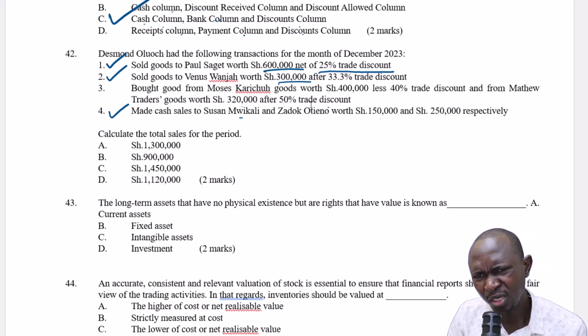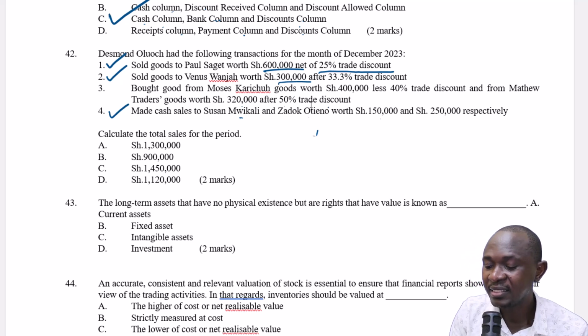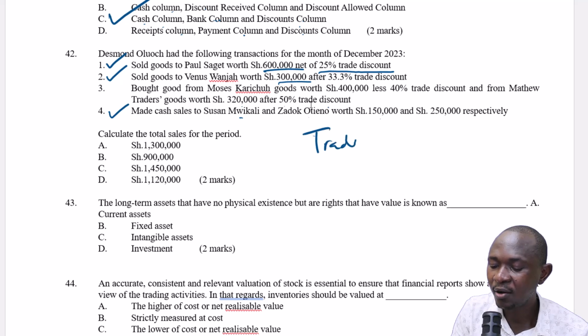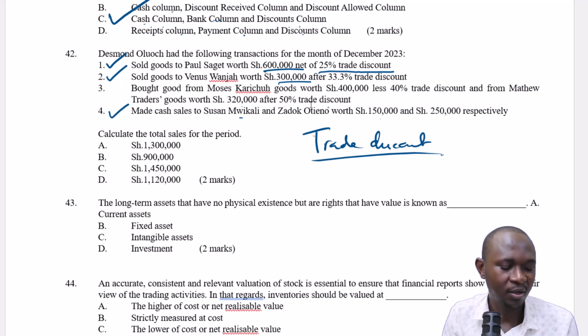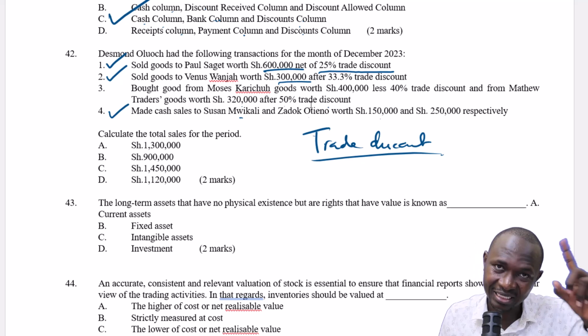The other thing we need to know that is very crucial, and will decide whether you pass this question or not, is that trade discount is normally not considered whenever we talk about sales price. So the net price is normally the list price.